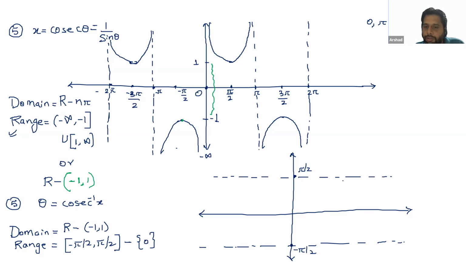At pi by 2 the value will be 1, and here we will have the value minus 1. So here this is 1 and it will go upward like this, and here we have minus 1 and it will go like this, towards minus infinity.